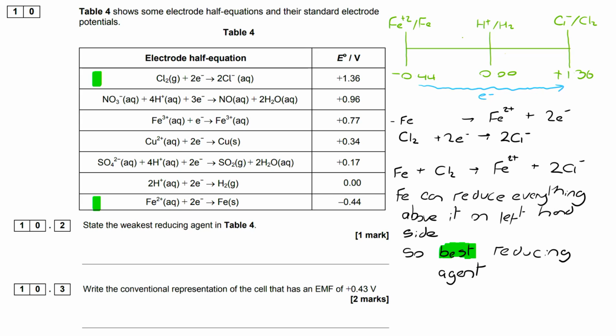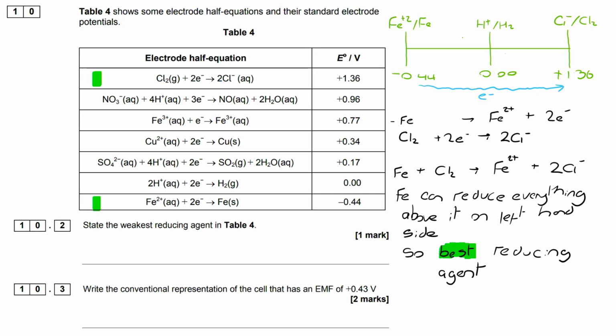And actually, that tells us that it can reduce everything up to there. So because the iron can reduce every species on the left-hand side of the equation, H+, SO42-, Cu2+, Fe3+, NO3-, and Cl2, it tells us that iron is the best reducing agent.